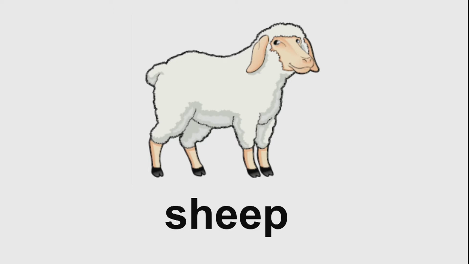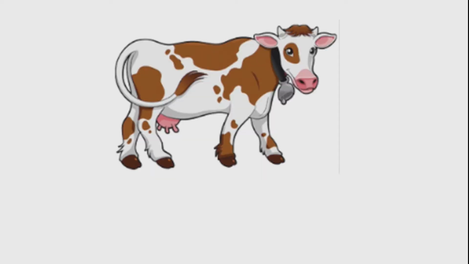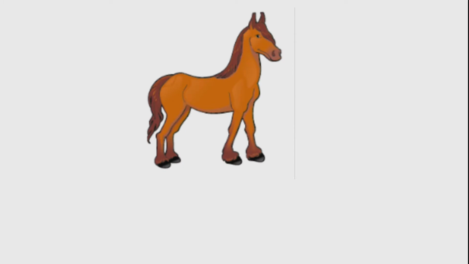S-H-E-E-P. The next picture. It's a cow. Cow. Spell it, please. C-O-W. Okay. A horse. Horse. H-O-R-S-E.